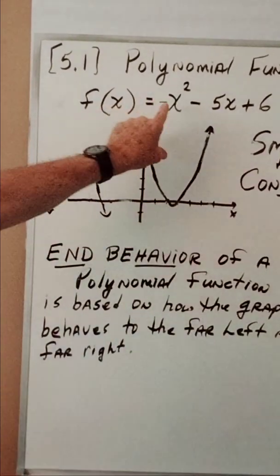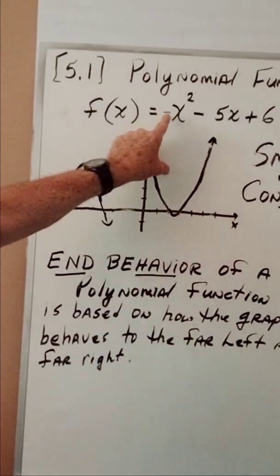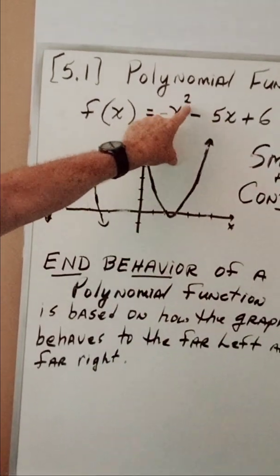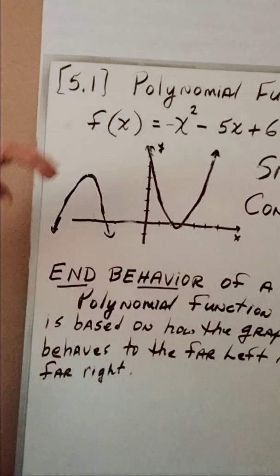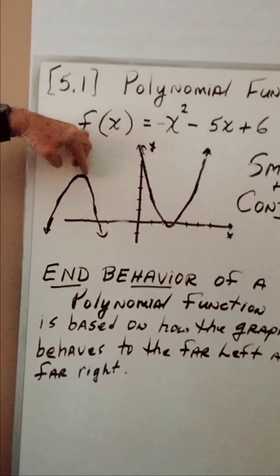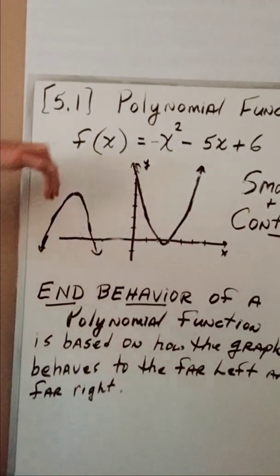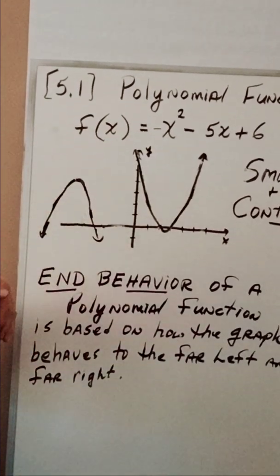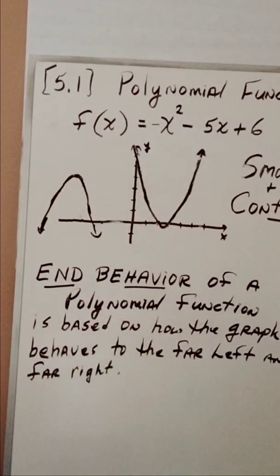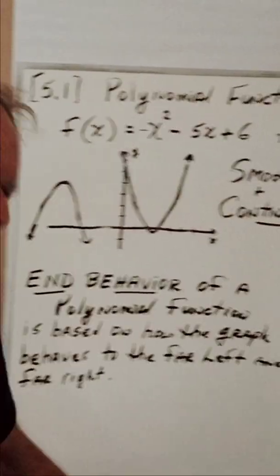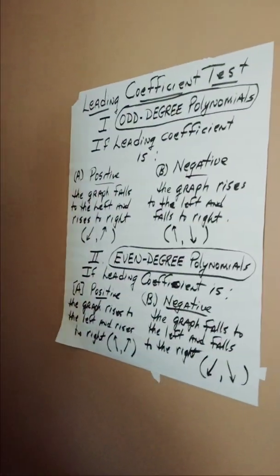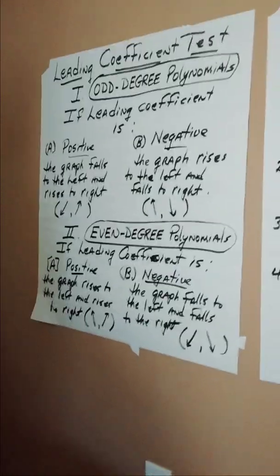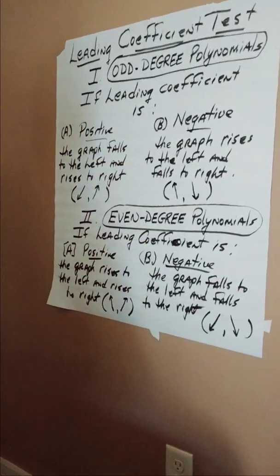But let me just put a negative right there. If it were a negative coefficient with an even degree, it would fall to the right and it would fall to the left. For even degree polynomials, you have same behavior. For odd degree polynomials, you have opposite behavior.